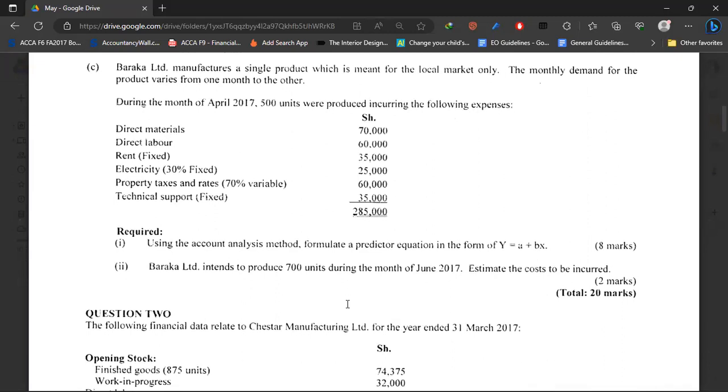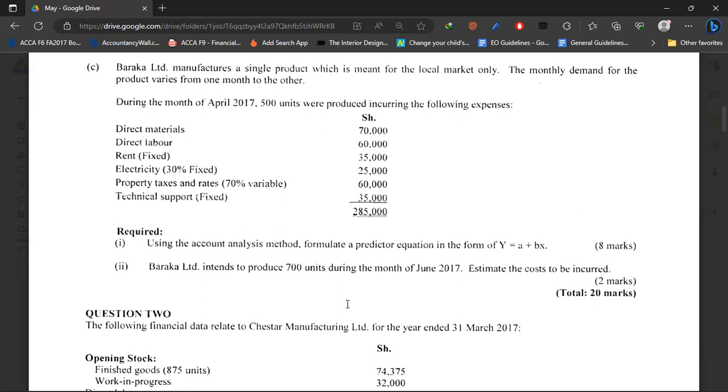Baraka Limited manufactures a single product which is meant for the local market only. The monthly demand for the product varies from one month to the other. During the month of April 2017, 500 units were produced, incurring the following expenses: direct materials, direct labor, rent fixed, electricity 30% fixed, property taxes and rates 70% variable, and technical support fixed, giving a total of 285,000.